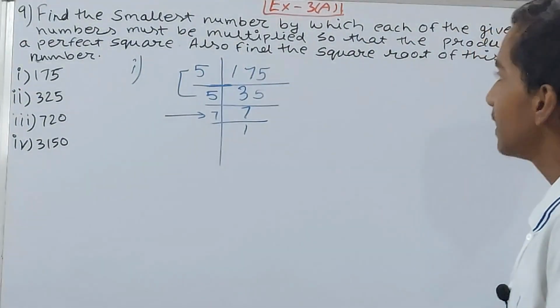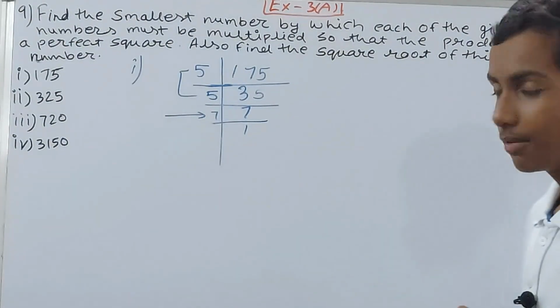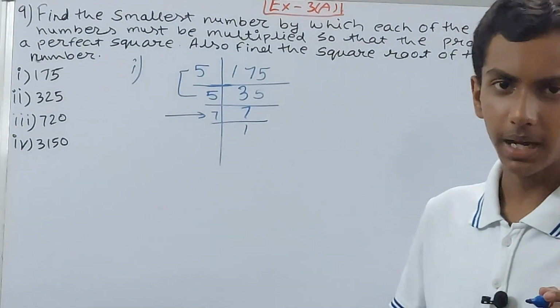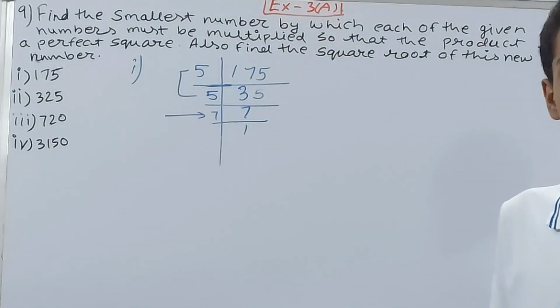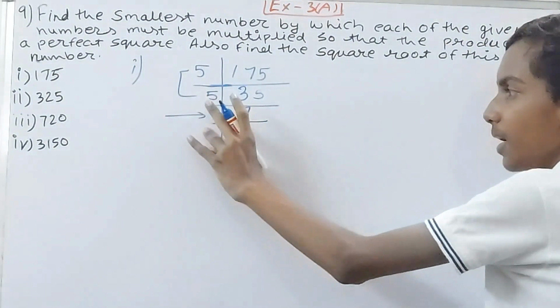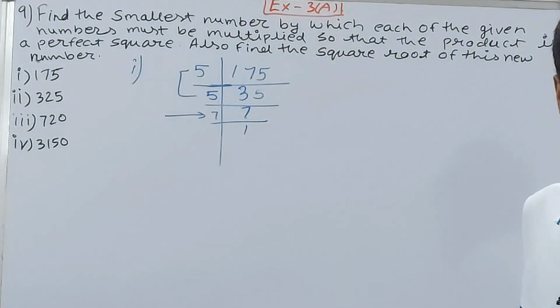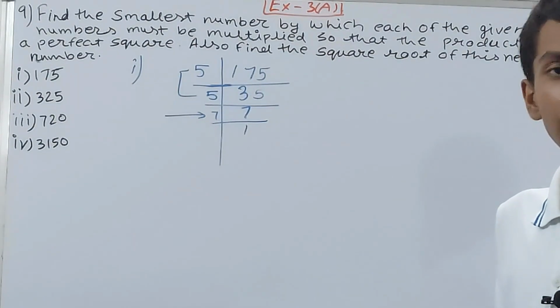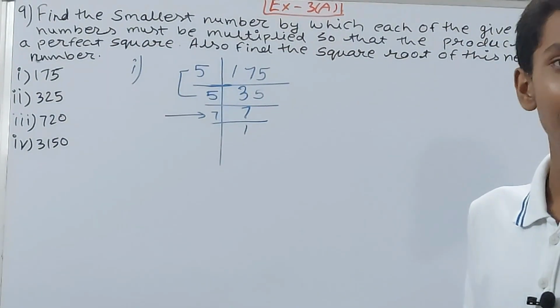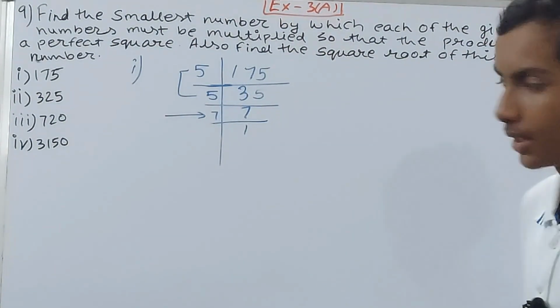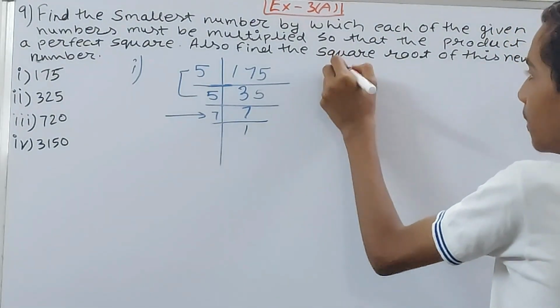That means the number by which 175 should be multiplied so that we get a perfect square is 7. Only one 7 was left out, so the number that should multiply 175 will also be 7.